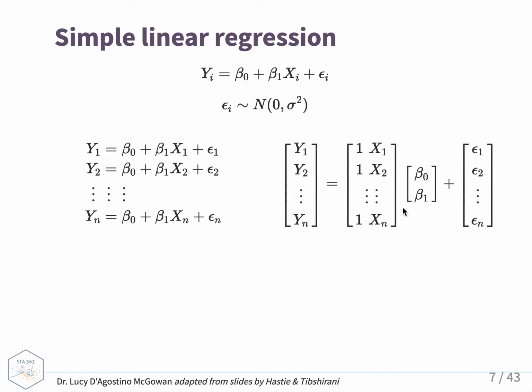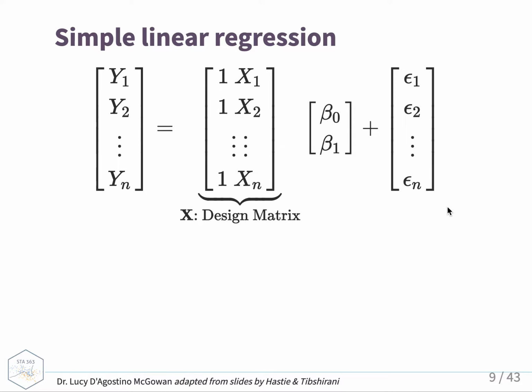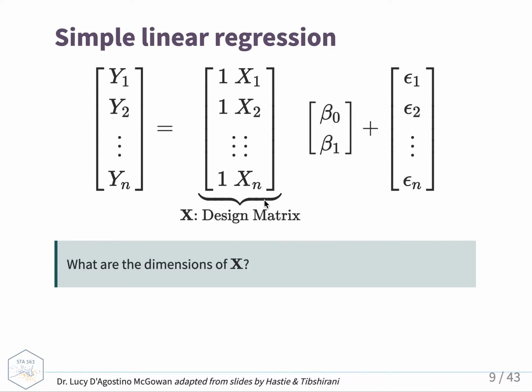So it comes out like this. This is the matrix form for simple linear regression. We call this big X. It's usually denoted as this bold X to indicate that it's a matrix. And this is the design matrix. That's what we call it when you append this column of ones to our predictor values. So this is our design matrix here.